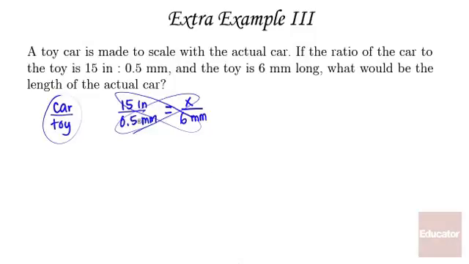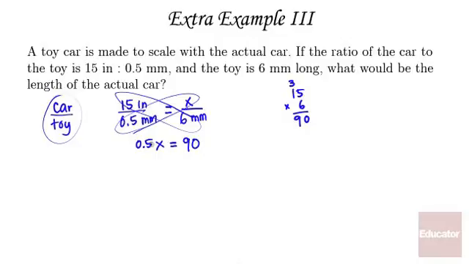So here 0.5 times x, or just 0.5x, equals 15 times 6. So we're going to have to solve that out. 15 times 6 says 0. 6 times 1 is 6, plus 3 is 9. So this becomes 90.